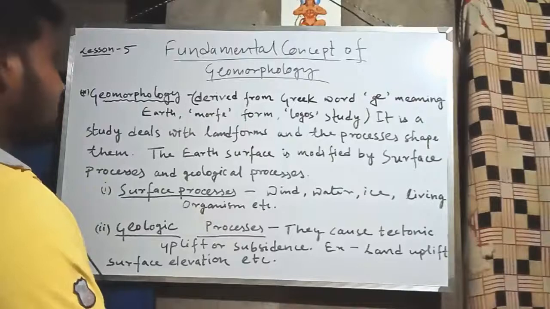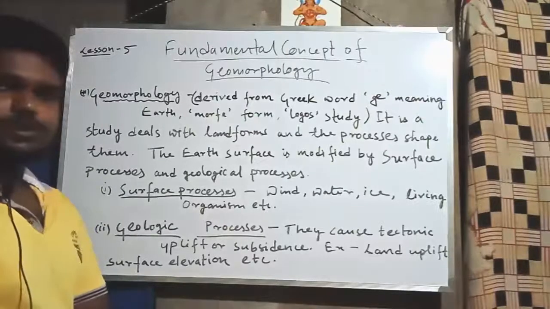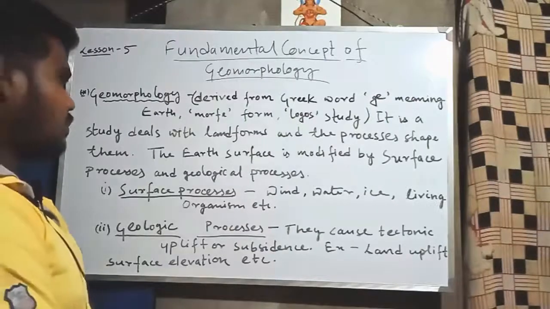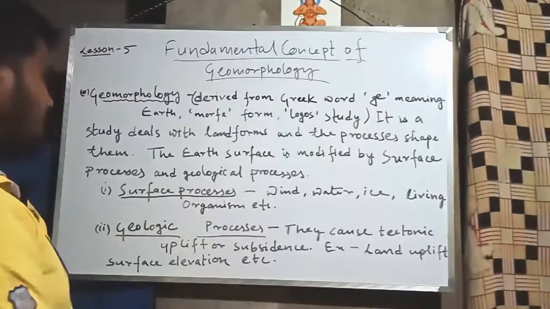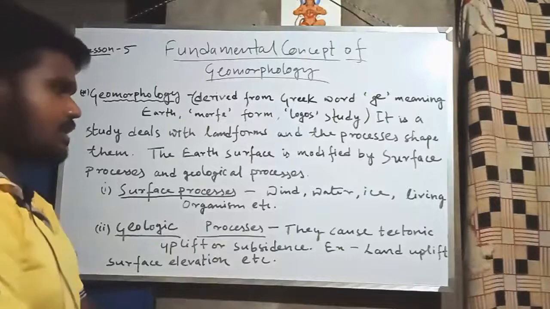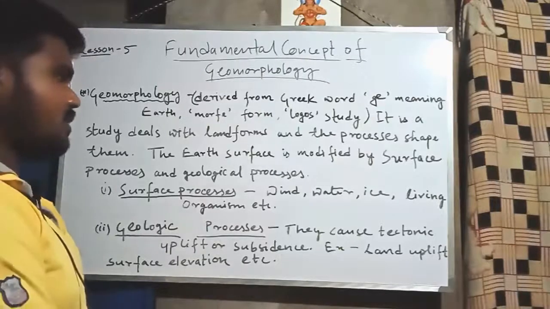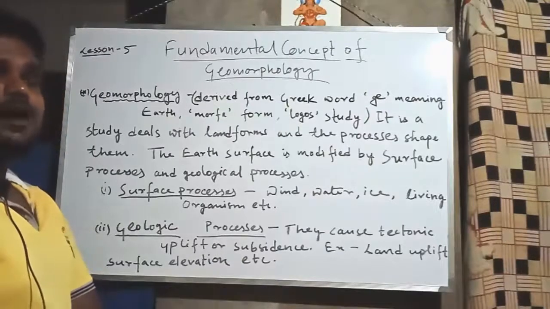Now the earth's surface is modified by surface processes and geologic processes. So what are the surface processes? Wind, water, ice, living organisms, etc. They are examples of surface processes. These agents usually erode the surface from the outer side.